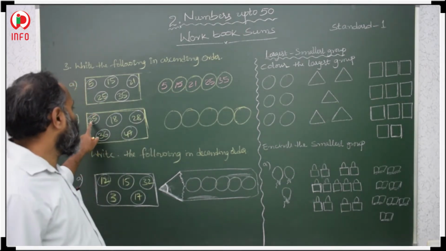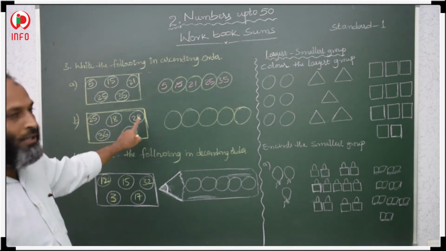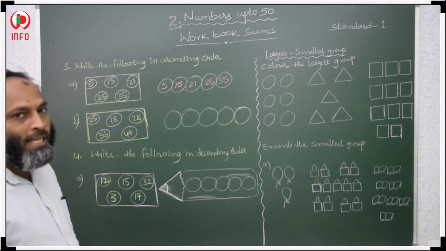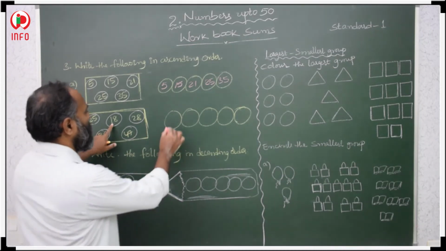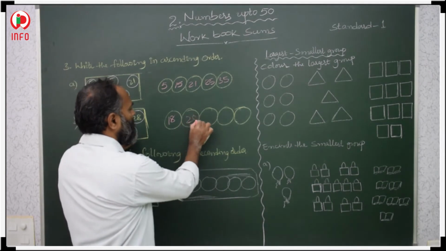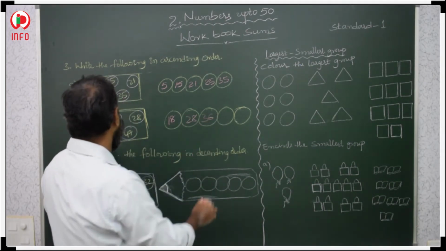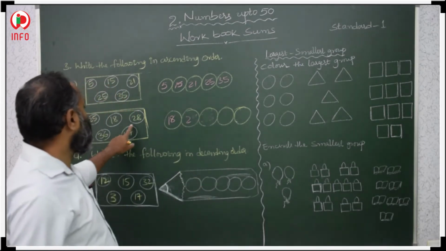In the same way, 25, 36, 18, 47 and 28. These numbers also we have to arrange in ascending order. Ascending order means increasing order. The smallest is 18.